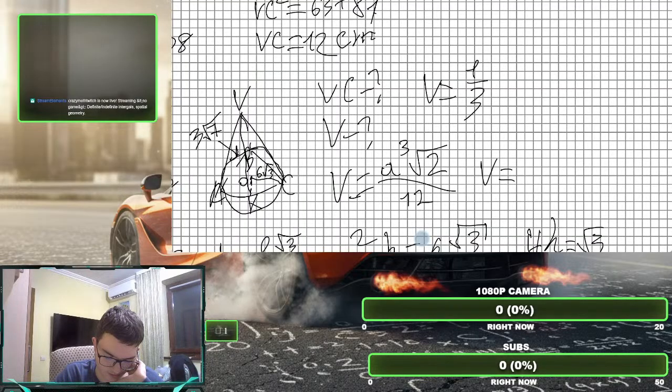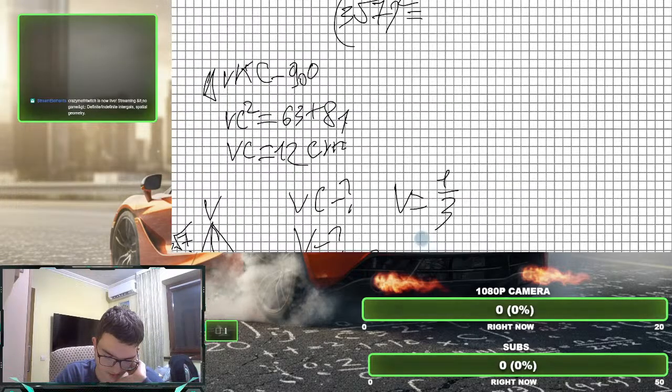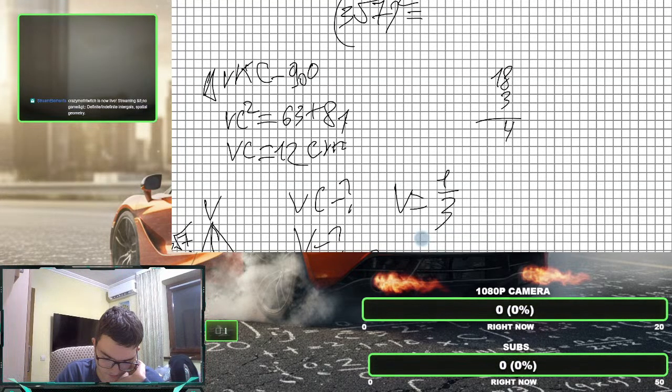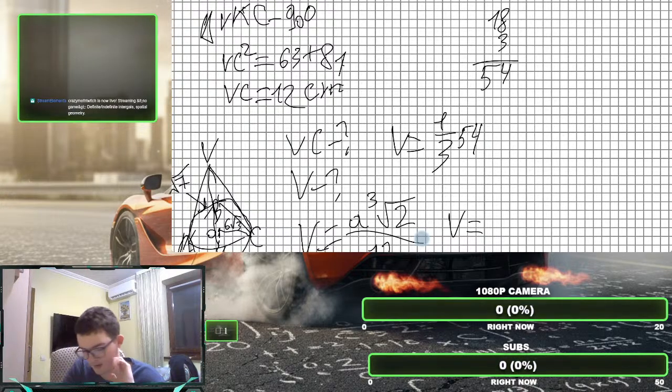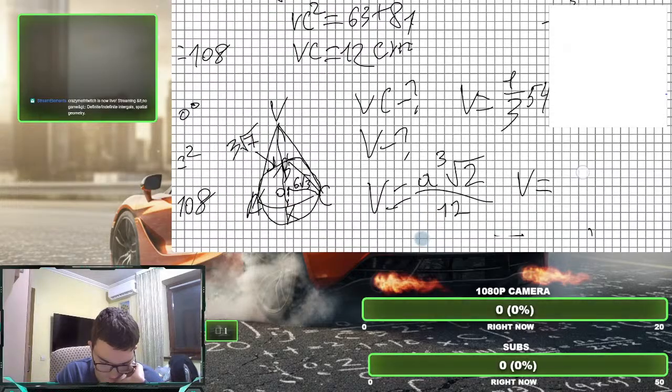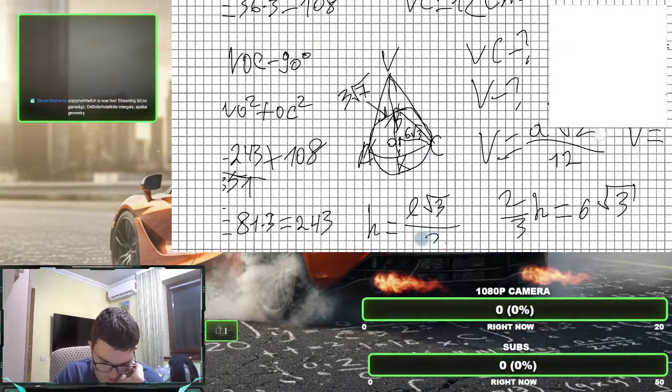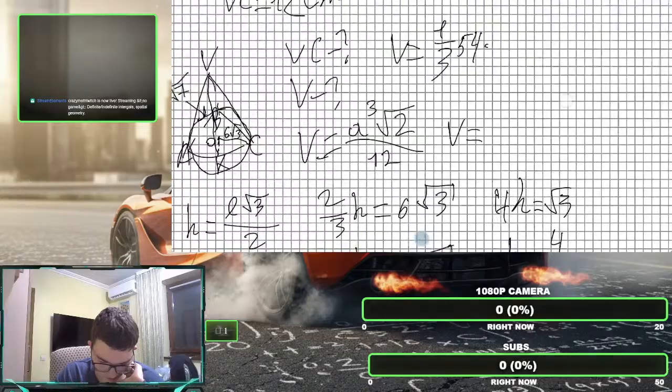Area of a base is just 18 times 3. So that is 54. Now it's times height. Height is 9 square root of 3.